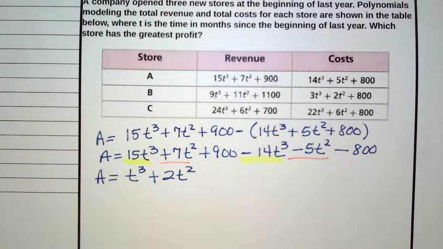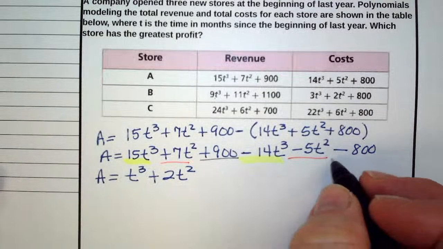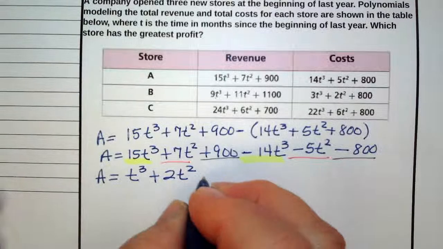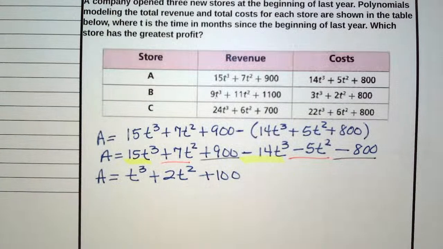And finally, for the last, we have those numbers. Positive 900, negative 800. 900 minus 800 is 100. And that would be the simplified expression for what the store made.